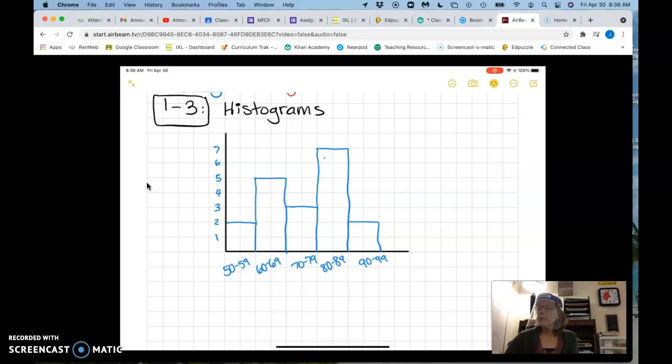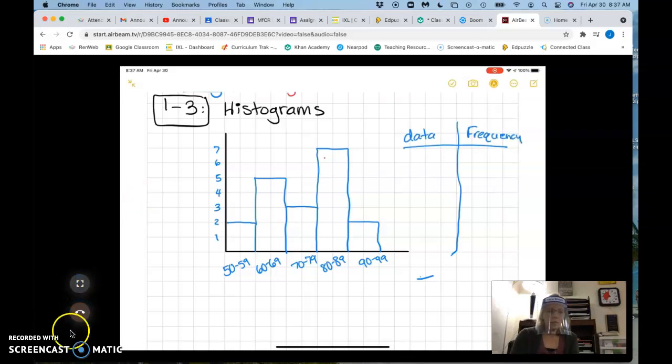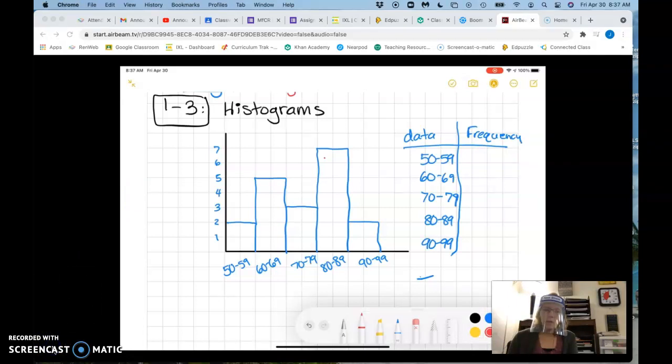Or you're going to get a frequency table. Remember where you have the values here and you have the frequency on this side. For the frequency side, you are literally just tallying how many you have in each section. So for 50 to 59, I have 2.